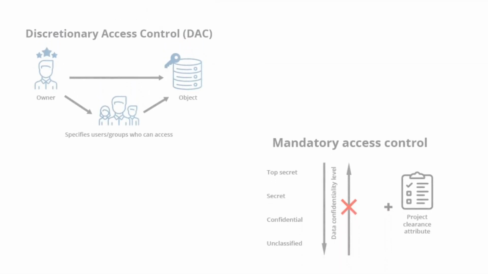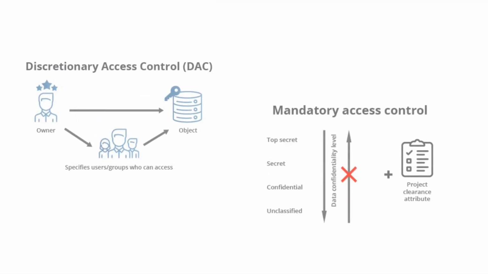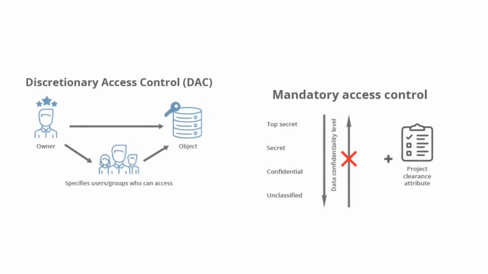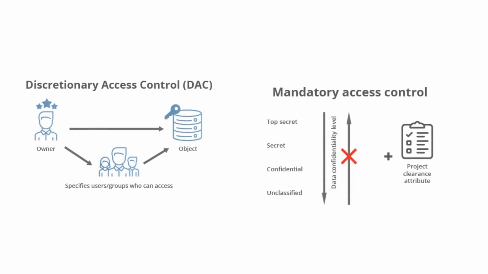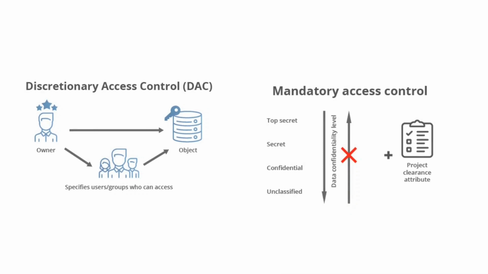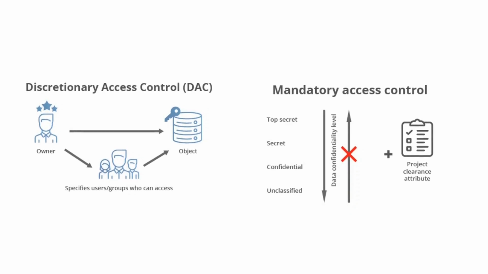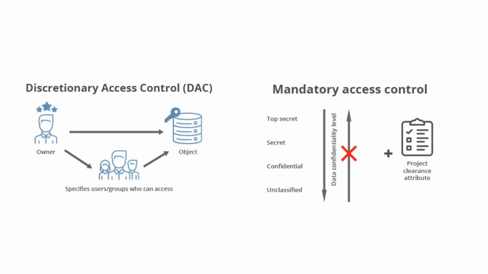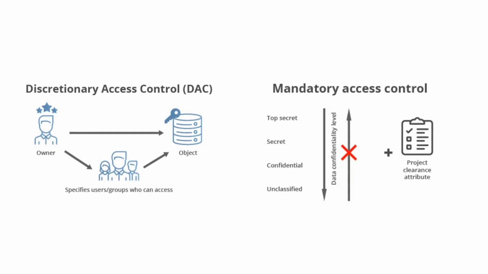Delete. 4. Rename. Number 3. Execute, X. If the file is a program, the subject can cause the program to be run. These rights and permissions are implemented differently in systems based on discretionary access control, DAC, and mandatory access control, MAC.